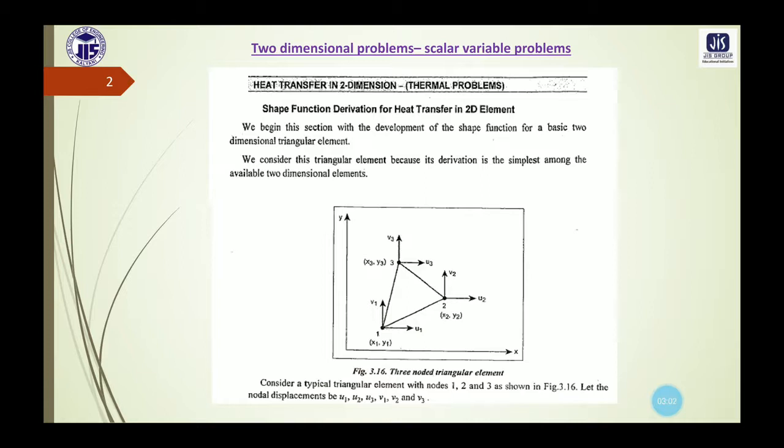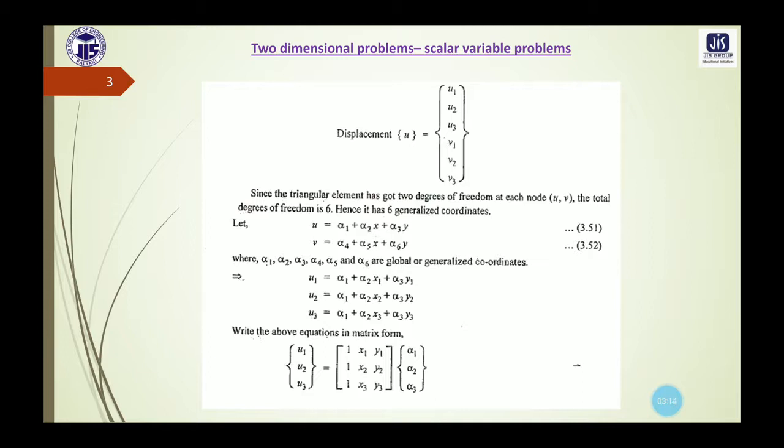So the nodal displacements for these 3 different nodes of this triangular element are u1, u2, u3, v1, v2 and v3. That means the displacement matrix U is a column matrix of u1, u2, u3, v1, v2, v3. Now since this triangular element has 2 degrees of freedom at each node, the total degrees of freedom is 6, hence it has 6 generalized coordinates.